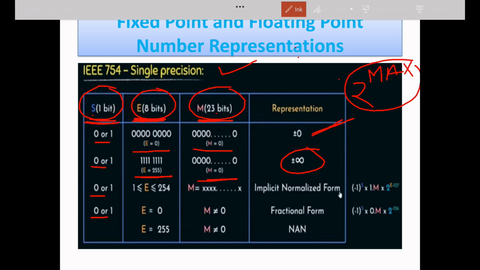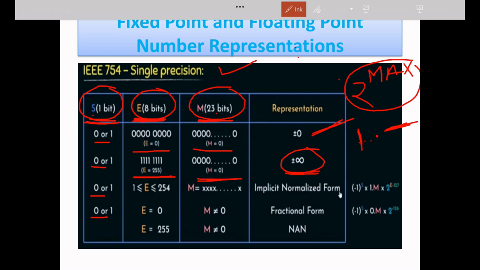According to the length of the register, you are putting all the ones here, so you are reaching the maximum value. Exponent all 1s means 255, and the mantissa, suppose you have a number 1 dot and after the decimal there is no number. In this condition your value is plus infinity, the maximum number.